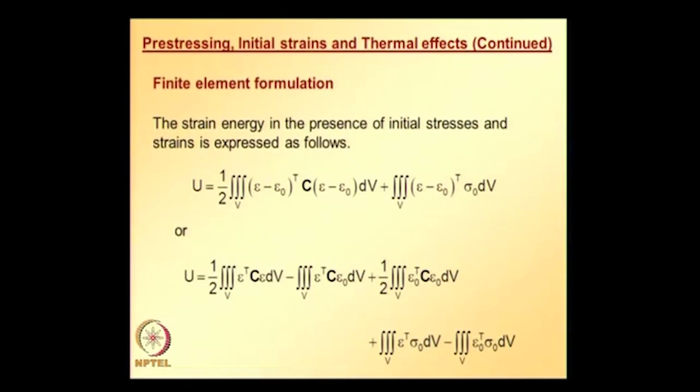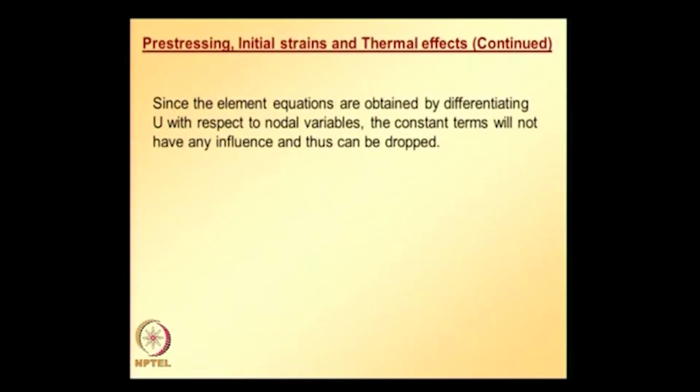and we know that by differentiating strain energy we get element equations. Since element equations are obtained by differentiating strain energy with respect to the nodal variables, which are going to be nodal displacements, the constant terms will not have any influence and can be dropped.